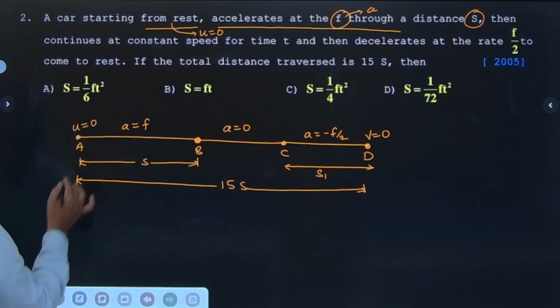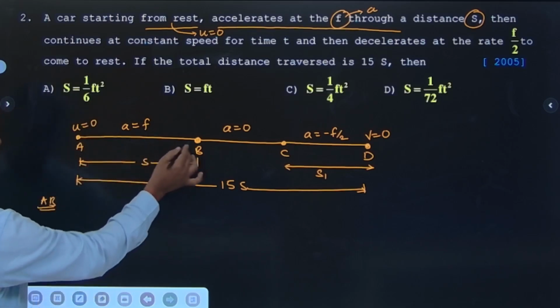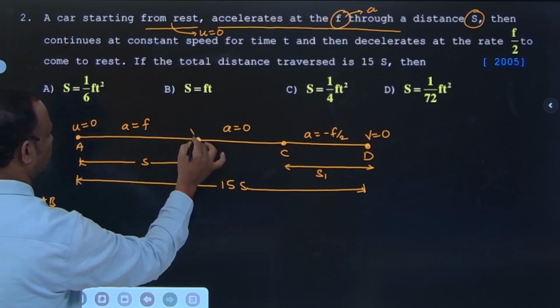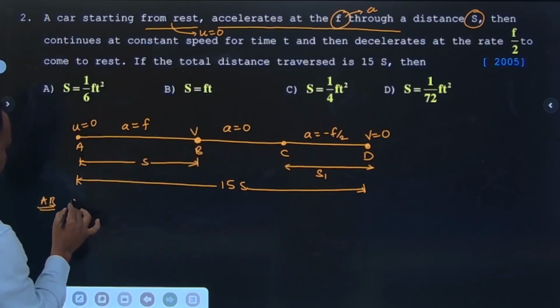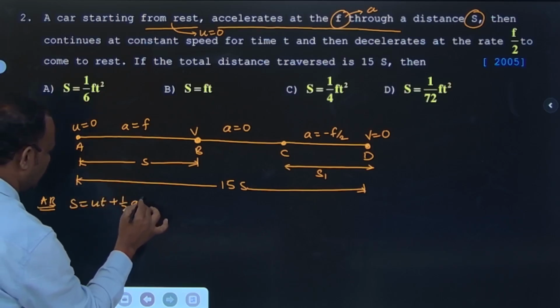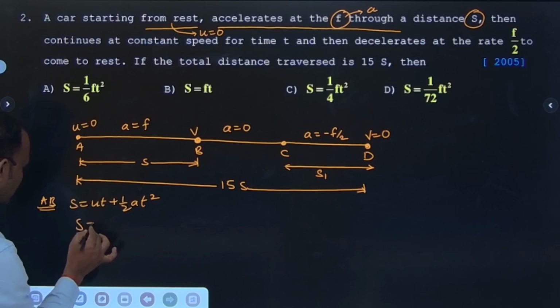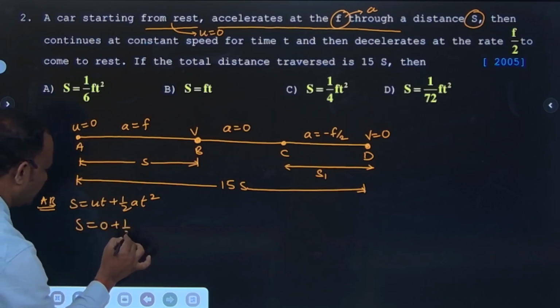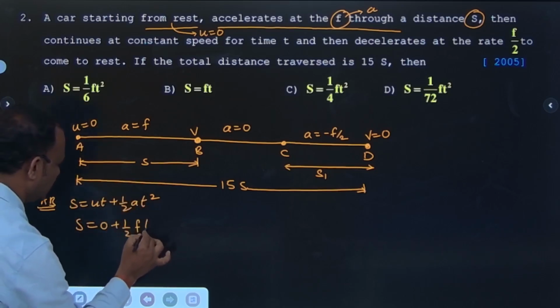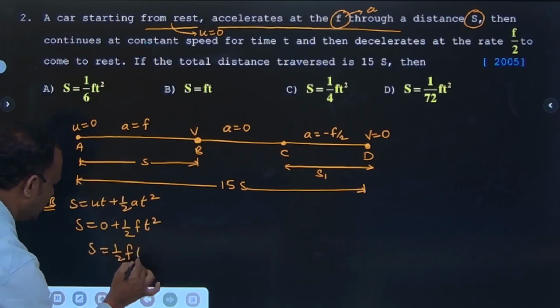From the first part AB, taking s is equal to ut plus half at square. u is 0, so s is equal to half f t square.